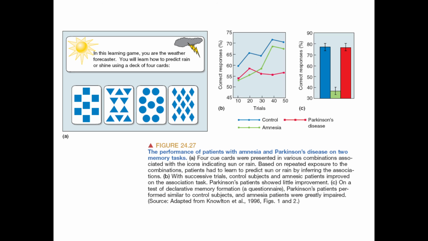You can see that even though there is a relation between striatum and memory, it is more related to procedural memory rather than declarative memory. And that will be all for this chapter, so we will see in the next chapter.